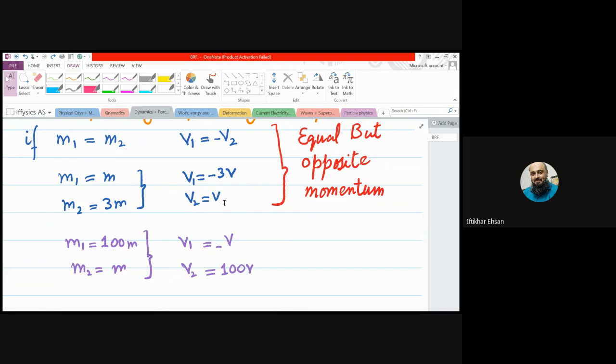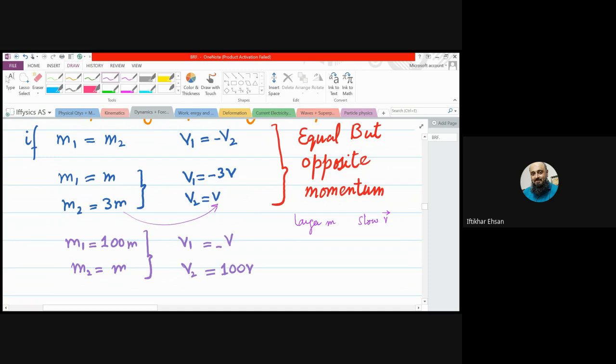So I'm repeating. Whenever the masses are unequal, for the momentum to be the same, and momentum is mass times velocity, it means the larger mass will have the slower velocity, and I suggest that you name the slower velocity to be v.